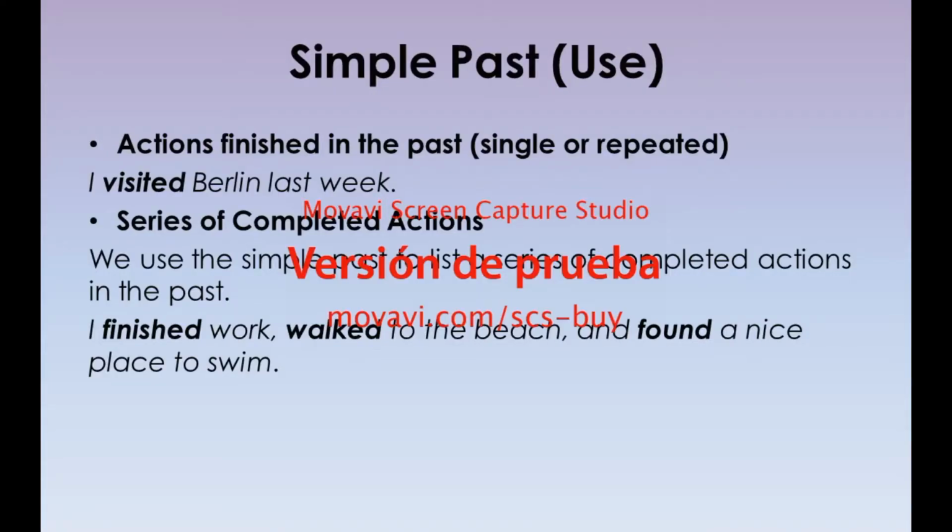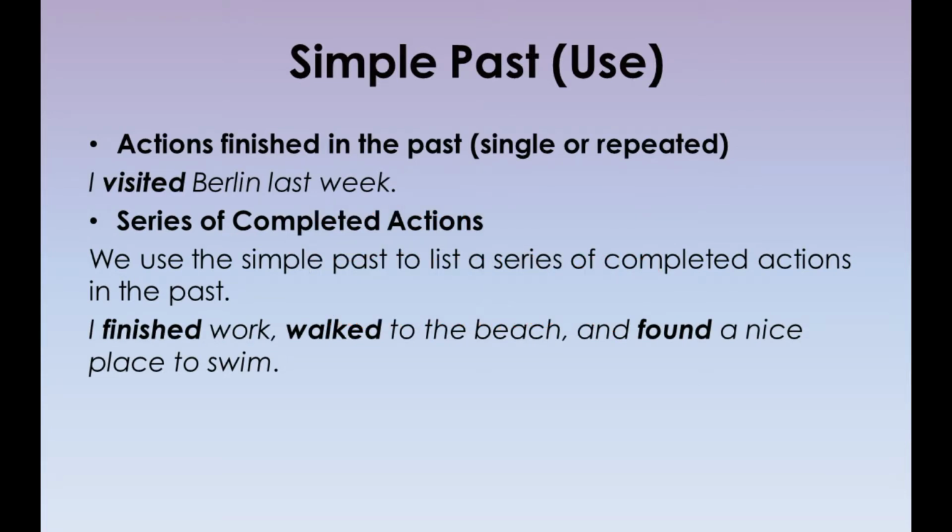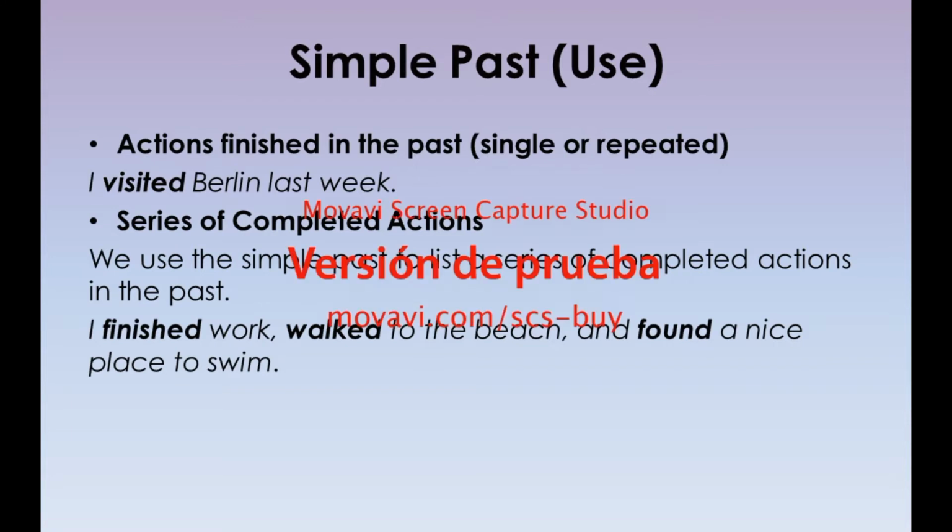The simple past use. When actions finished in the past, single or repeated. I visited Berlin last week, for example. Series of completed actions. For example, we use the simple past to list a series of completed actions in the past.